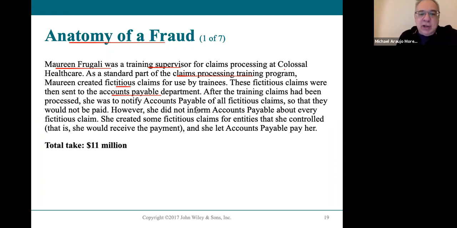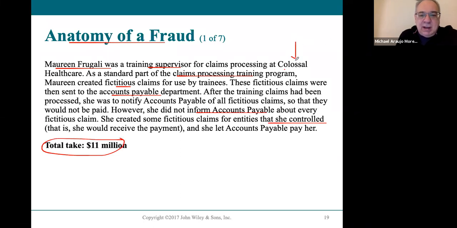However, she didn't always inform accounts payable that they were fictitious. Some of those fictitious claims were put in the names of entities that she controlled, so when accounts payable paid that entity, they were actually paying her. She ended up taking $11 million.